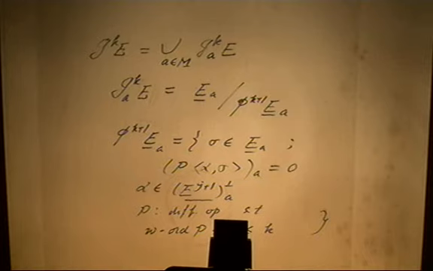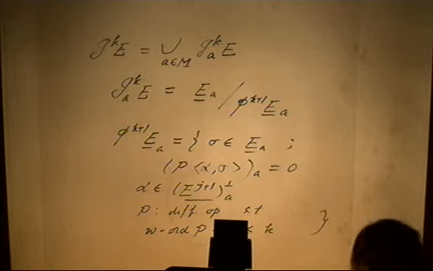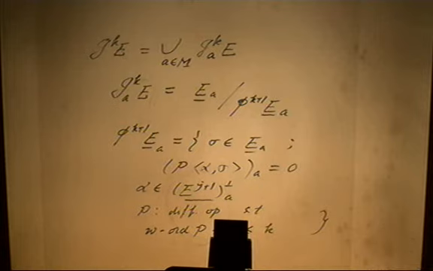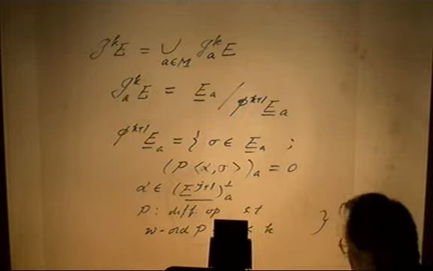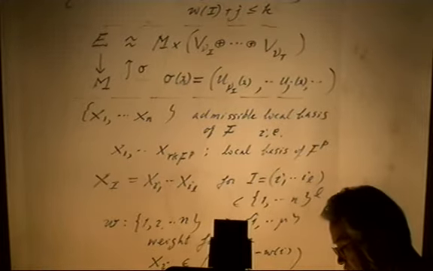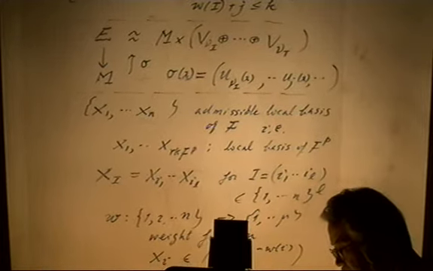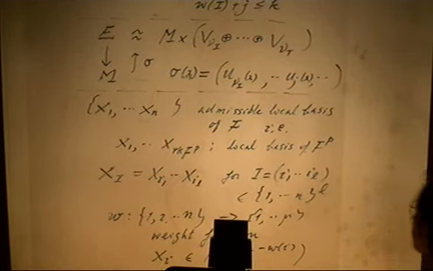I would rather give you the coordinates of the weighted jet bundles, which will help you to understand immediately what the weighted jet bundles are. So I just indicate what the local coordinate of the weighted jet bundles is.